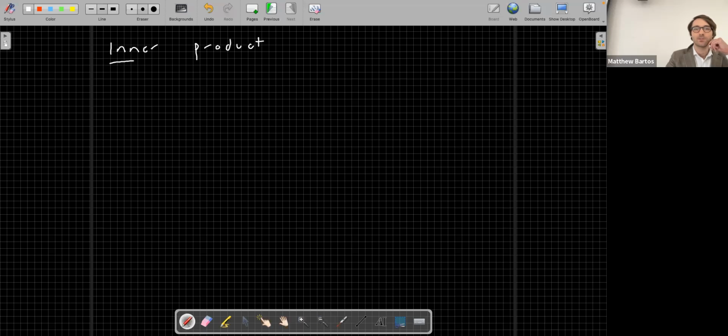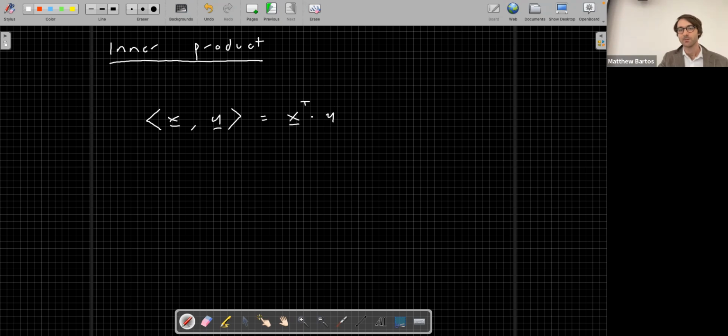The inner product of two vectors is defined as follows. We can write our inner product with this triangular bracket, <x, y>. It's equal to x transpose times y, or this is the dot product.